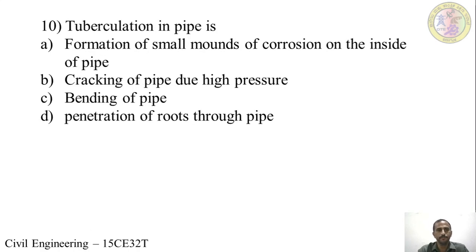Question number 10. Tuberculation in pipe is A. Formation of small mounds of corrosion on the inside of pipe, B. Cracking of pipe due to high pressure, C. Bending of pipe, D. Penetration of roots through pipe.